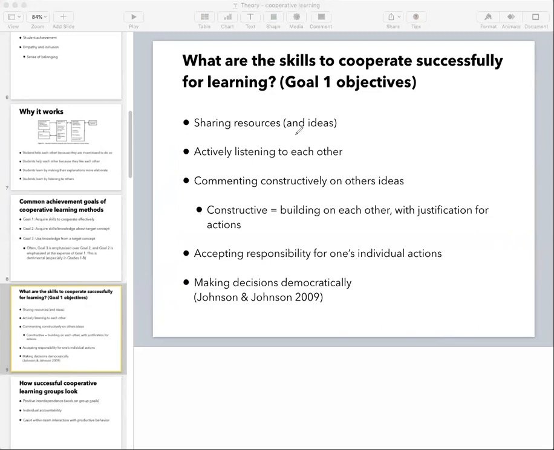This is from 2009, so barely a decade old compared to these other ideas that were established in the 60s, that when you're working together in a small team, you're often making decisions democratically, and making such decisions democratically spills over to other fields as well. So, making such decisions democratically is not just useful for successfully cooperating on a team, but it may also be useful for successfully cooperating as a city or a community.